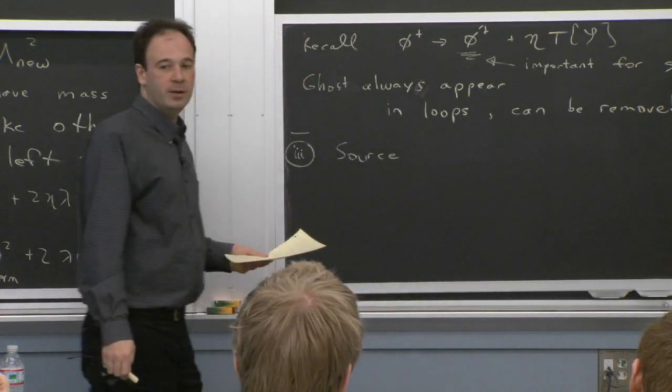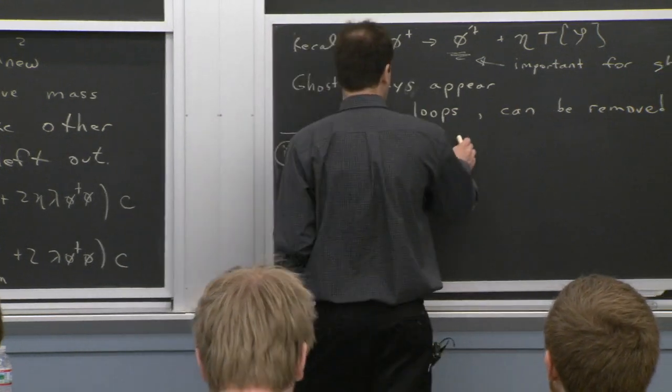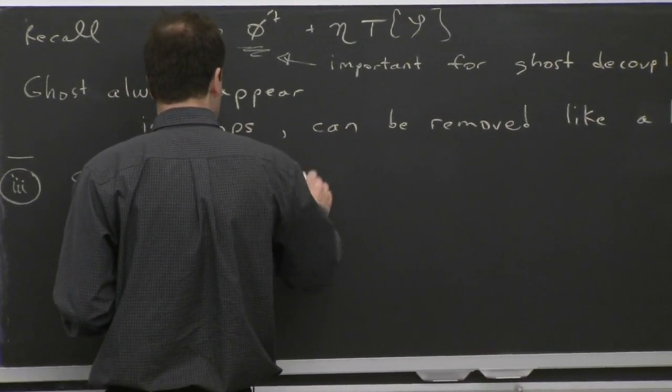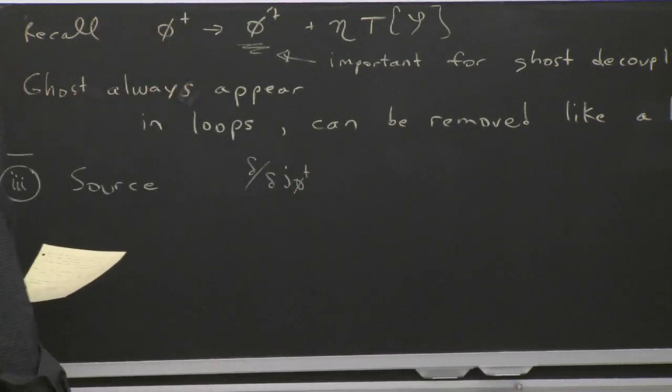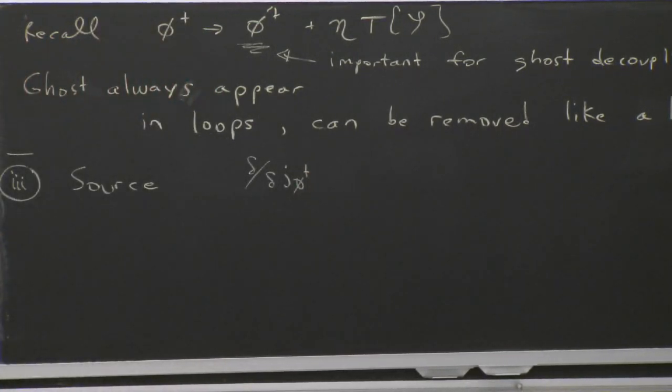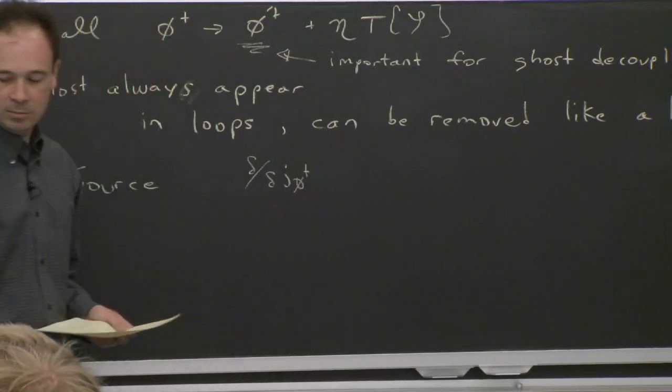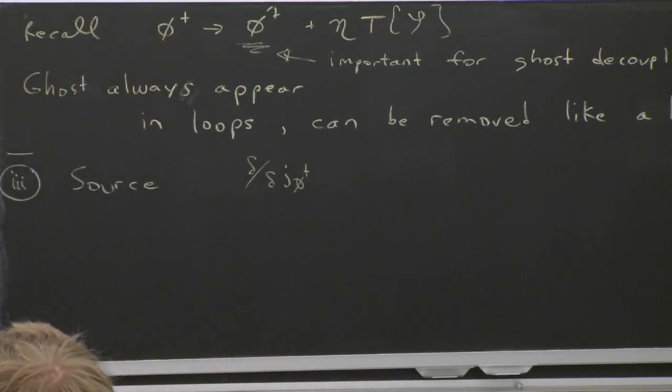So then the final thing we have to worry about is the source. So there was this term with j phi dagger, and what about there was an extra term with j phi dagger that we had last time. I'll remind you what it looked like.